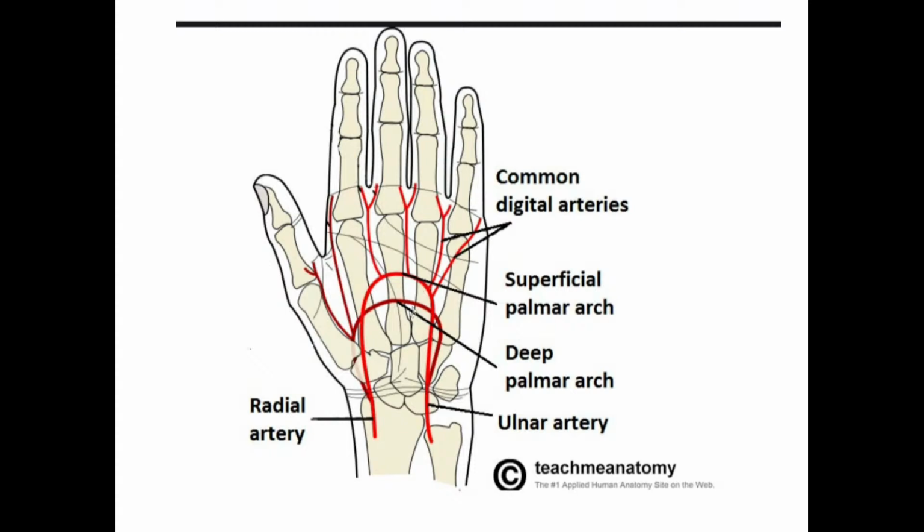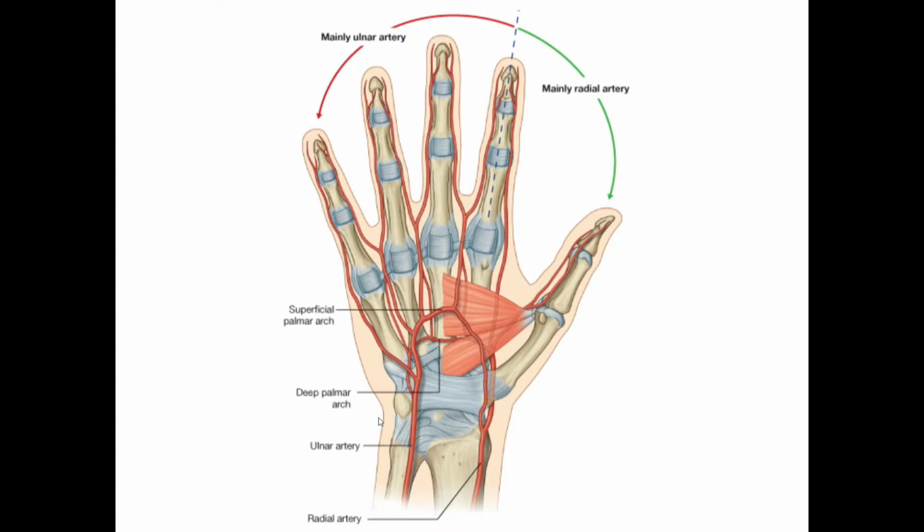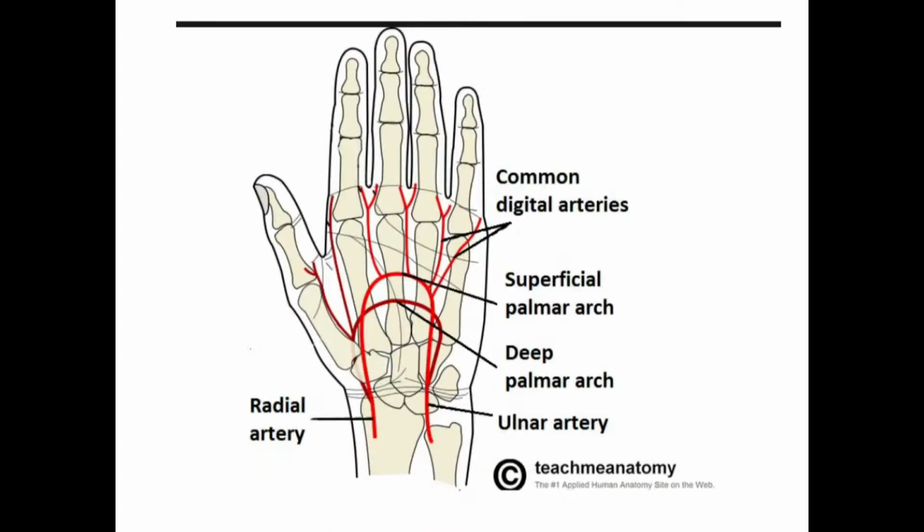This is the same photo but more schematically viewed. And the hand is located vice versa. So this was the left hand and this is the right hand. That's why the radial artery is on the left side. So this is the radial artery, this is the ulnar artery, and you see the superficial palmar arches giving us common digital arteries.